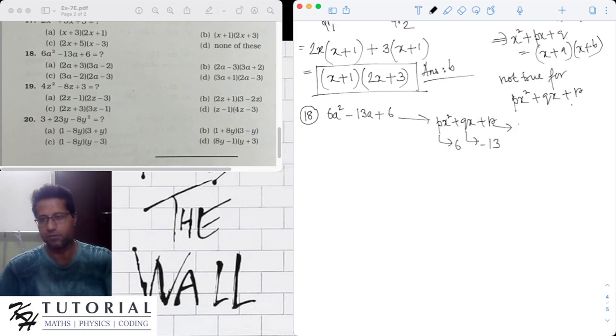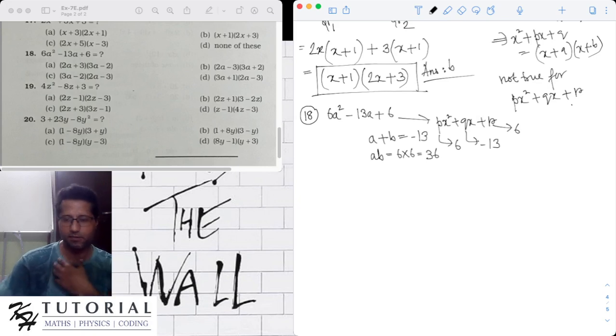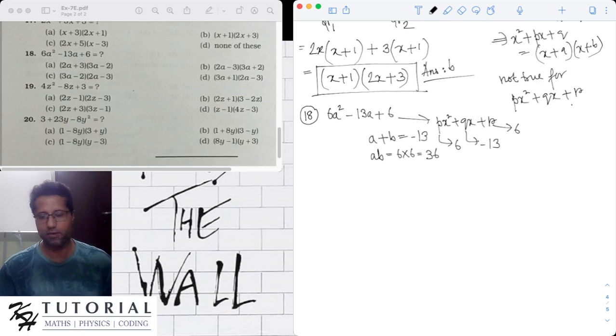So we have to find a and b such that a plus b will be equal to minus 13 and a into b will be equal to 6 into 6, that is 36. Now we have to factorize 36 in such a way that we can take out two factors such that their product is 36 and the sum is minus 13.